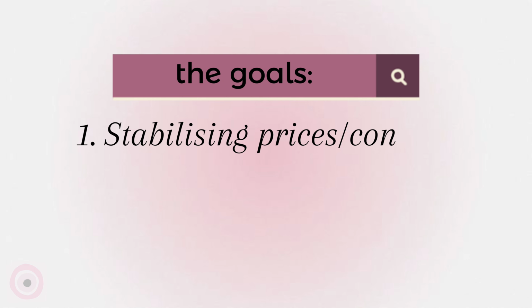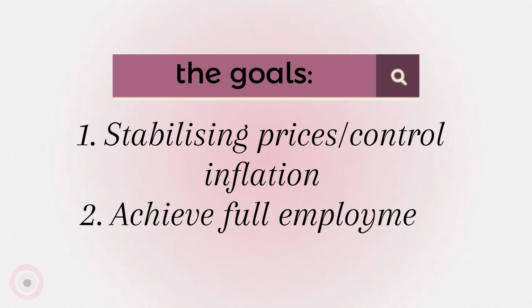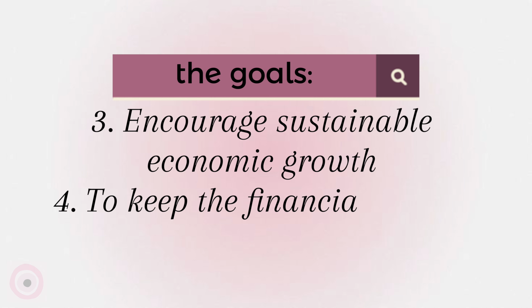The goals for monetary policy are stabilizing prices, controlling inflation. The second one is to achieve full employment, and employment is important because employment means that a person is generating money for the state. And the two last goals are encouraging sustainable economic growth and keeping the financial system stable.